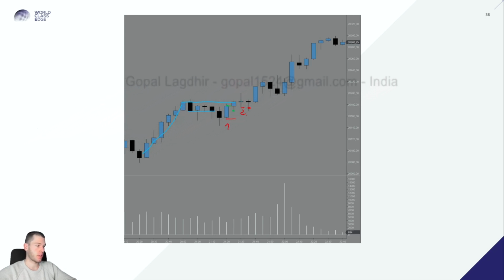So let us check if there are more examples. In this case, we have another lower close, but it's not really a break-in. We have continuation: one higher close, another higher close, and here we have two lower closes. Again, we can draw our resistance line over here, and over that line we have a breakout with this candle.